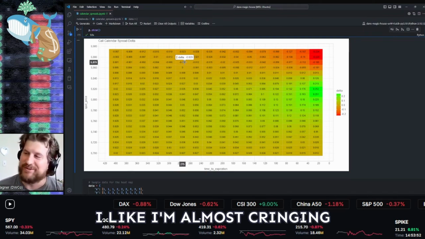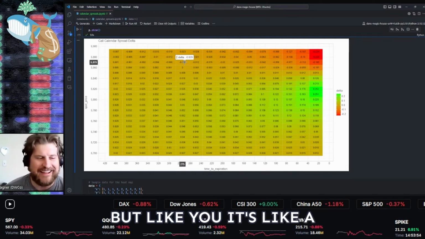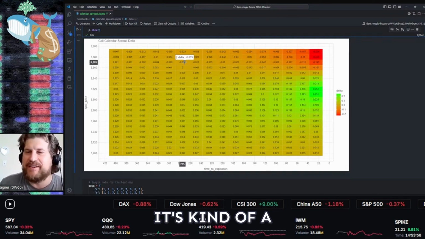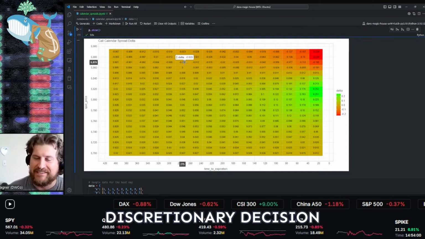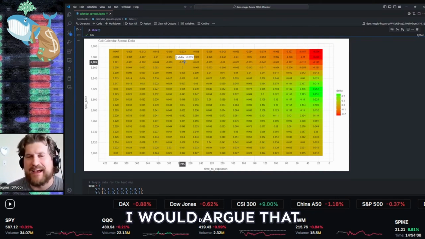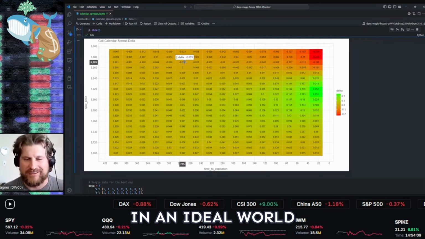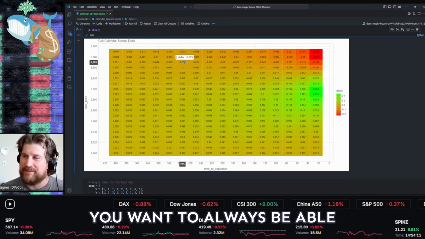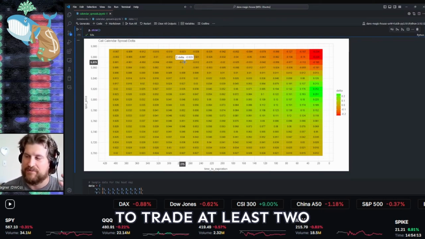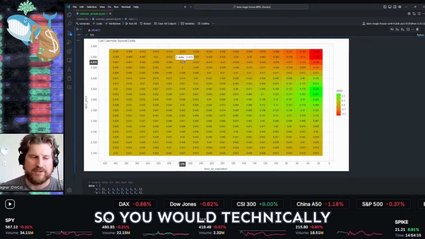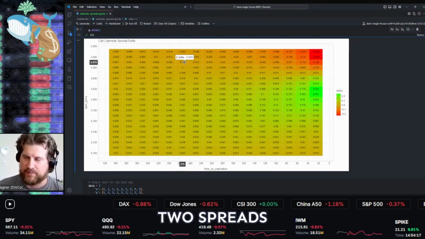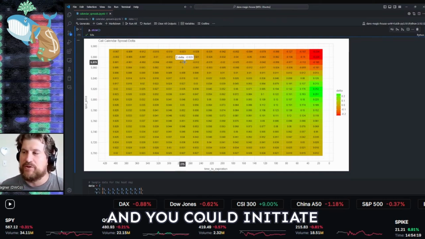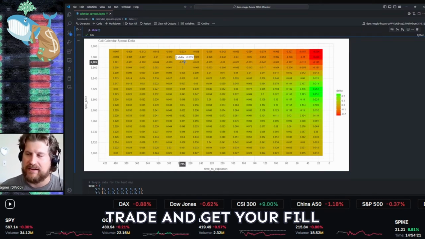I'm almost cringing at hearing myself saying this, but it's kind of a discretionary decision. I would argue that in an ideal world, you want to always be able to trade at least 2 units of calendars. So you would technically have 4 contracts, 2 spreads, and you would initiate the trade and get your fill.